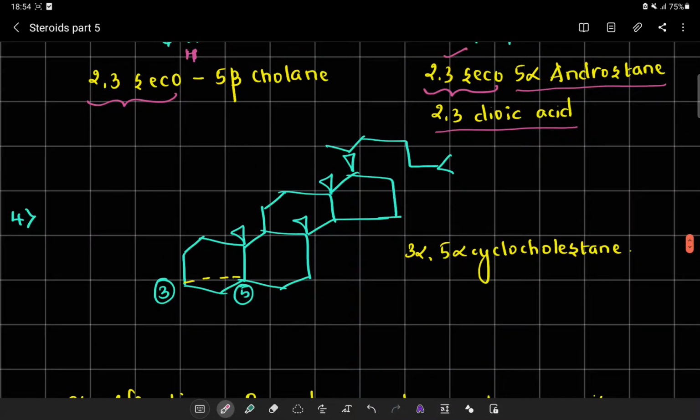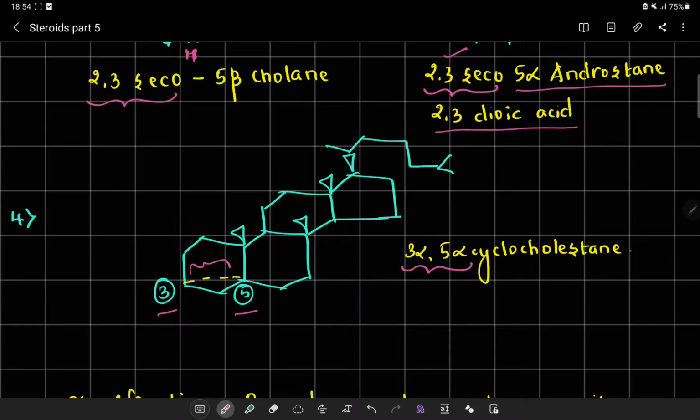Then lastly, the classification is based on if two carbon atoms of the ring have an additional C-C bond formation, a three-membered ring, it is indicated by the prefix cyclo preceded by the numbers of the carbon atoms involved in making the ring. Now for example, in this example, between 3 and 5 there is a new C-C bond formation. Can we not see here that there is a new C-C bond formation?